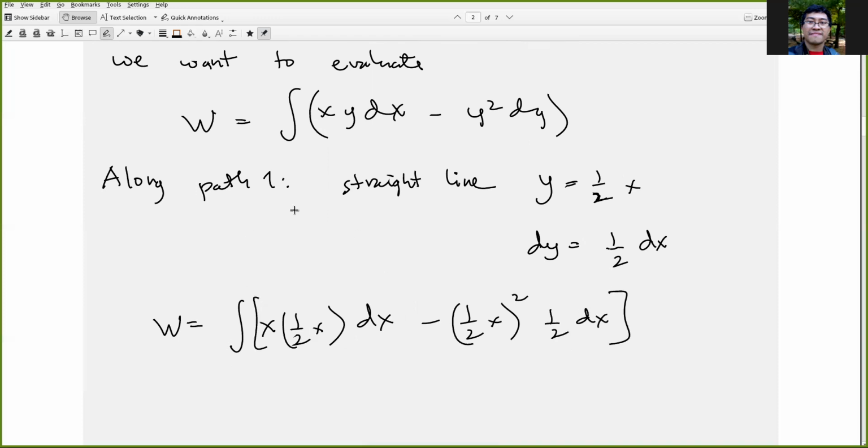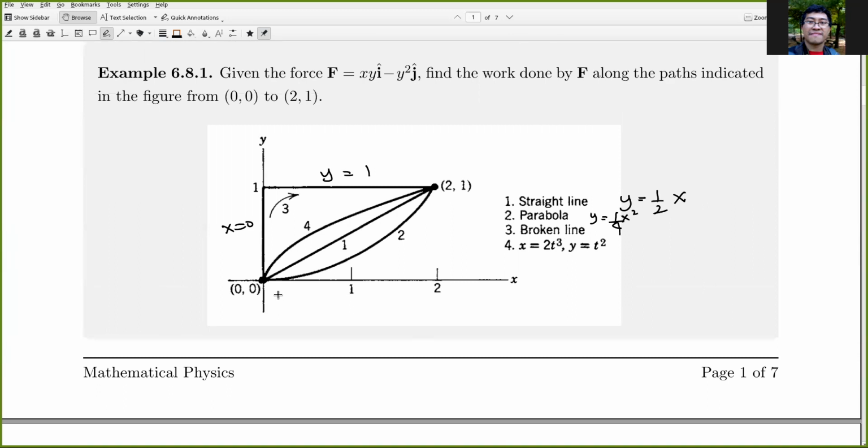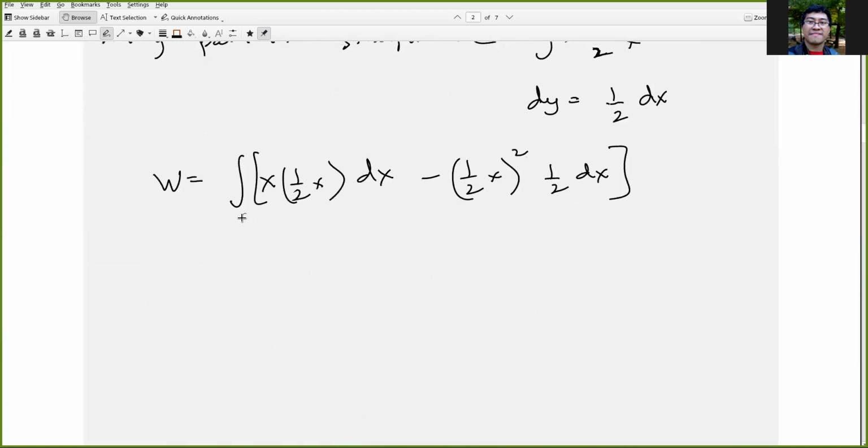Now the limits of integration, because we're only considering the x-axis here, would be from 0 to 2. Let's simplify.